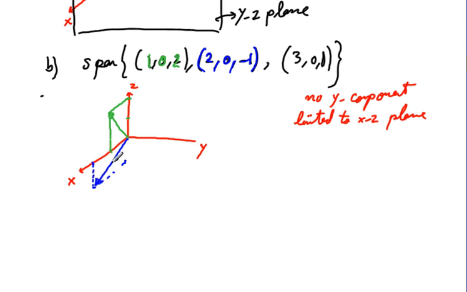The green and blue already have a span that is equal to what? That's just the xz plane, and we couldn't have anything more than the xz plane anyway. So we could already say that the span is the entire xz plane. So what is this guy doing? It's kind of a redundant component.